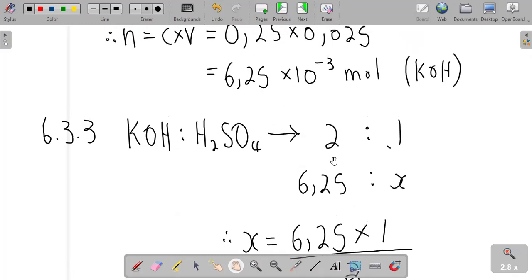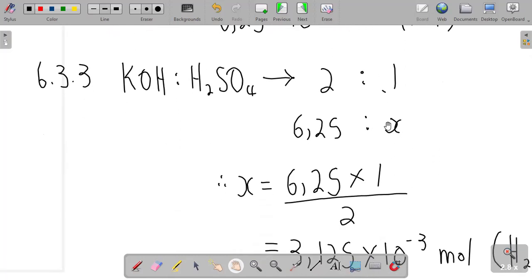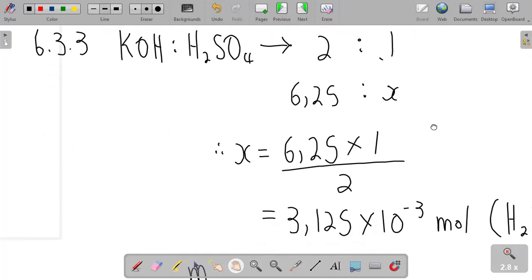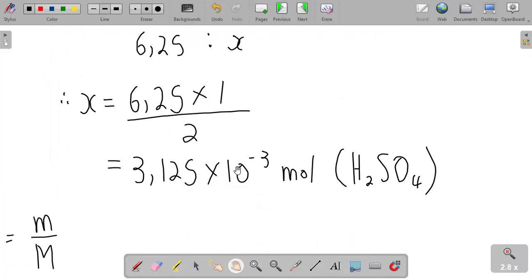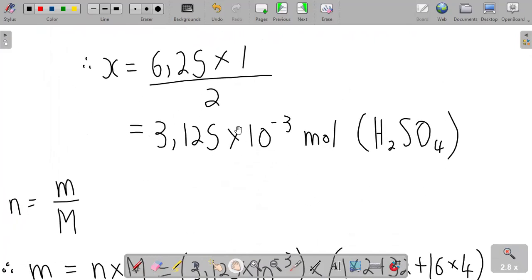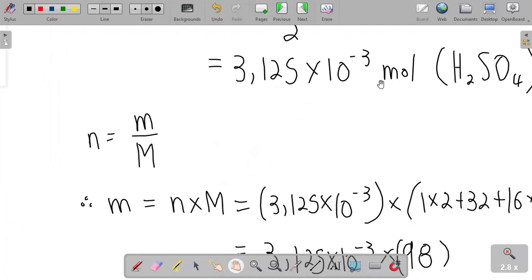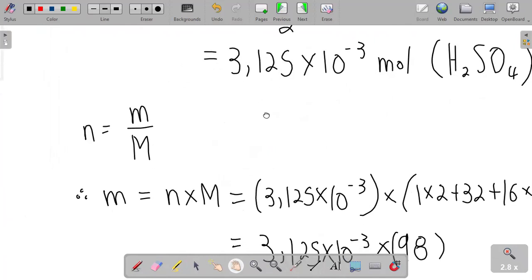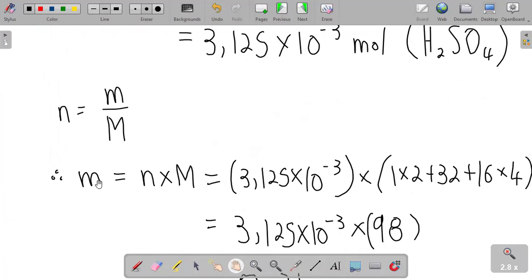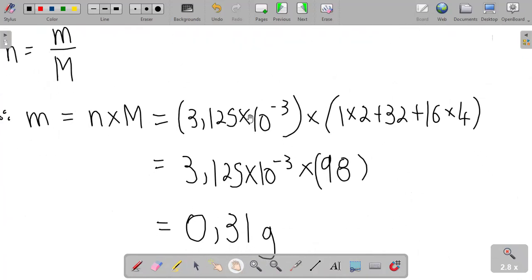Okay, so we say this multiply by that, divide by that, in order to get an X, because we don't have the number of moles for sulfuric acid. So we do it here, then we get the answer, and then that number of moles is the n. So the n can then be used here. So we change the subject here. Then we can use the n here to find the mass.